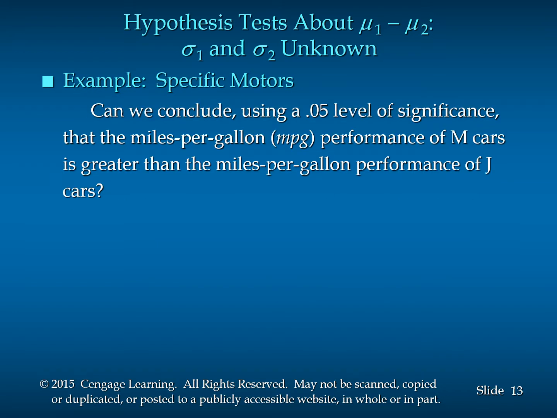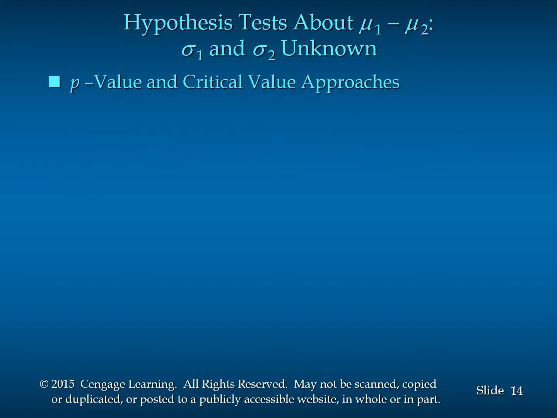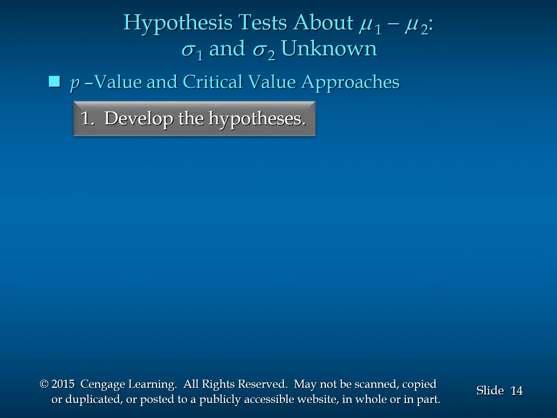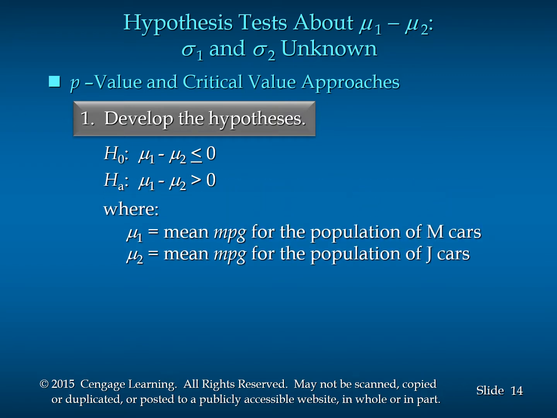Using the same example with the 2 car models in miles per gallon and a 0.05 level of significance, we're trying to prove that the mean for the M cars, population 1, is greater than that for population 2.